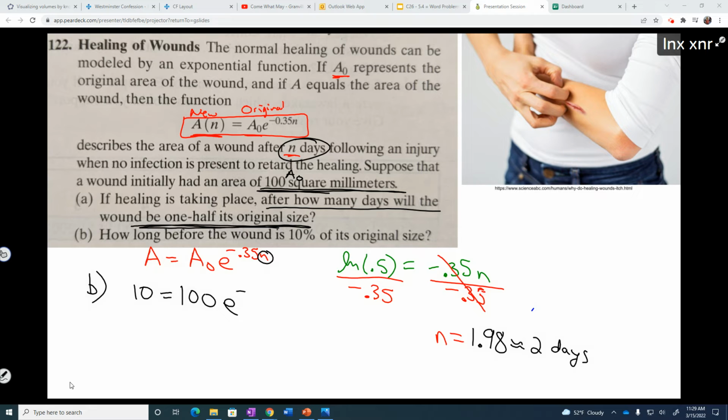And we got e to the negative 0.35 n. All we did was change this new amount. Instead of wanting to know when it's down to 50, we want to know when it's down to 10. And then it's going to be the same steps. We're going to divide first. Ten divided by 100 is 0.1 equals e to the negative 0.35 n.